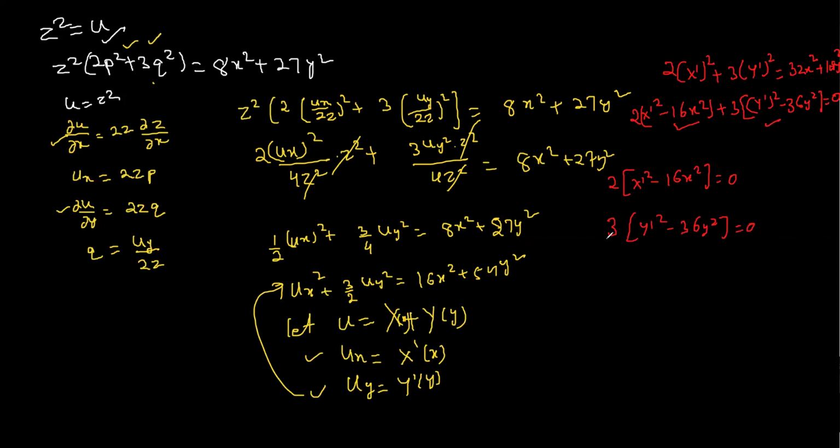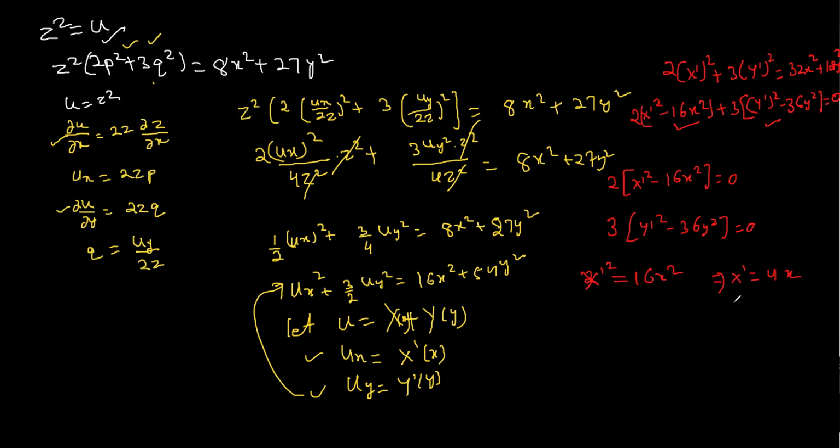Understood? So what you can do? 2 is cancelled, so you can write X dash square is equal to 16x square, which is equal to 4x. So X dash is equal to 4x.